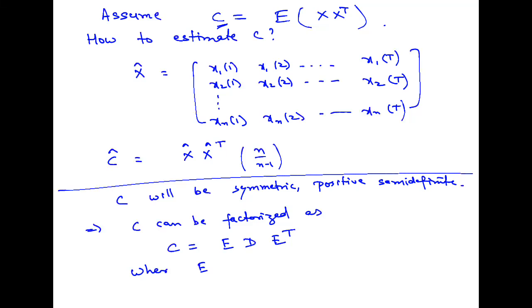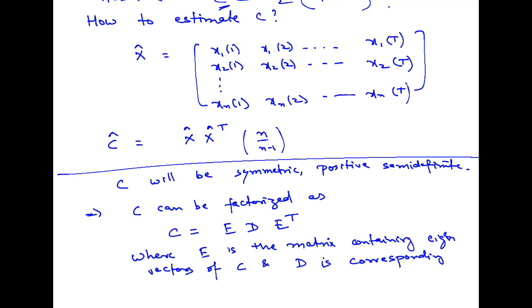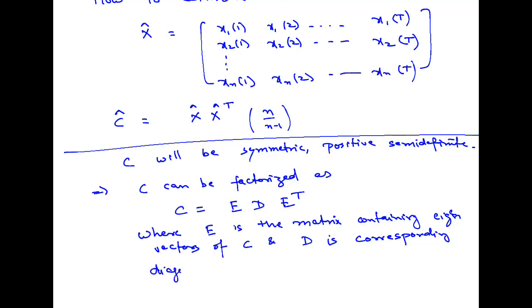where E is the matrix containing eigenvectors of C, and D is the corresponding diagonal matrix with eigenvalues.